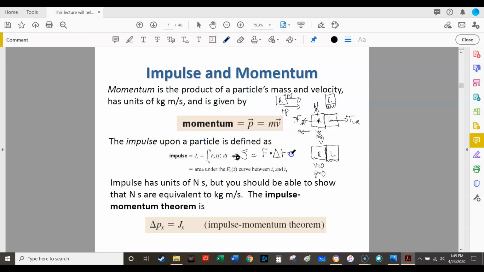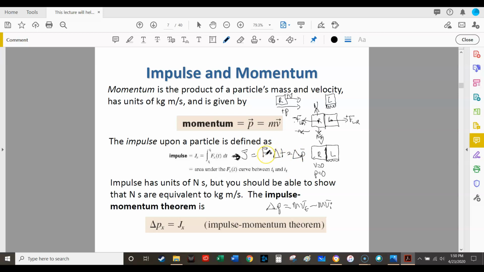It is also equal to an object's change in momentum, meaning mass times final velocity minus mass times initial velocity, right? And those are vectors. Your J is a vector, and your momentum is a vector, okay?